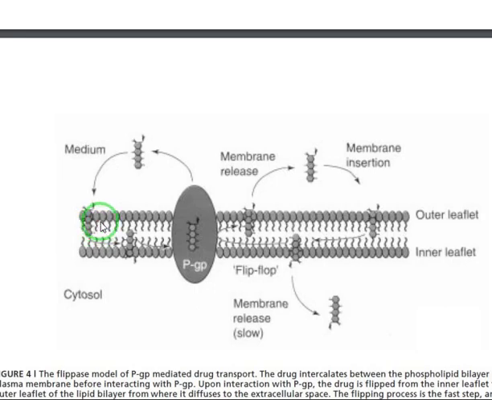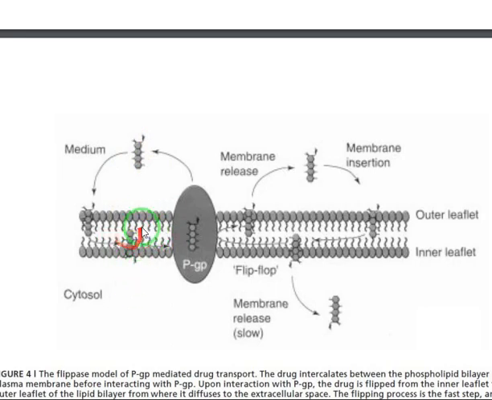But then in order to come back, in order to cross this layer, it has to flip, it has to rotate, to put its hydrophilic part out first and then get out completely.